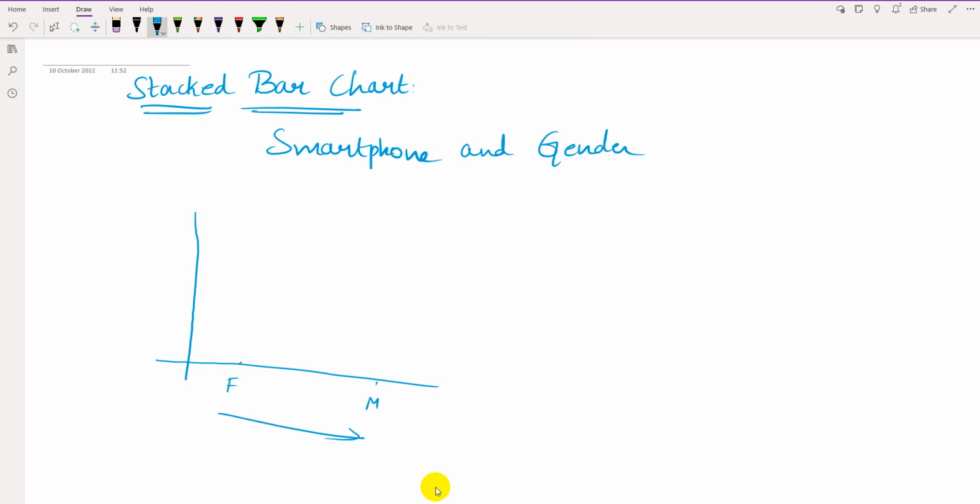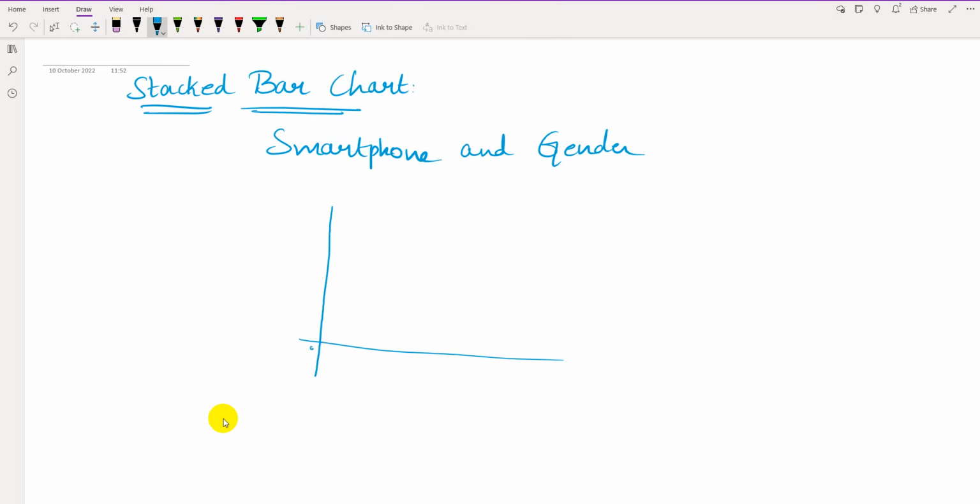This is zero. This is the gender axis, and this is the count.